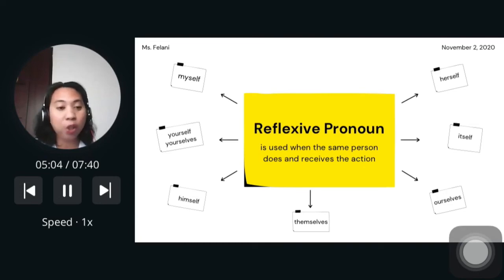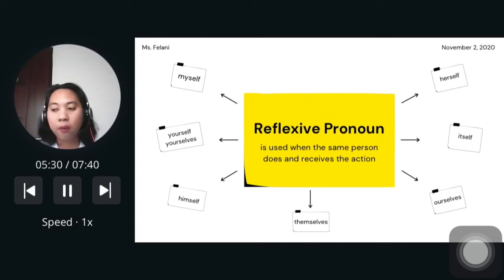And then each personal pronoun has its own reflexive pronoun. For example, I becomes myself. You becomes yourself or yourselves. And then he, himself; she, herself; it, itself; we, ourselves; they, themselves.